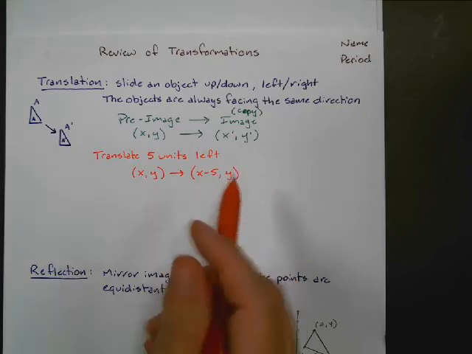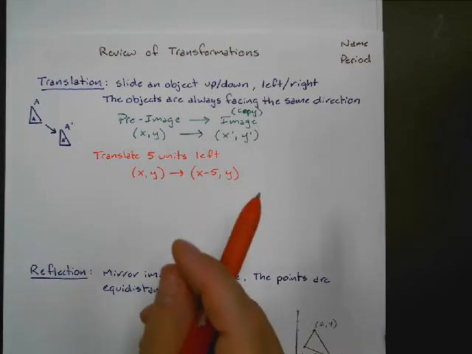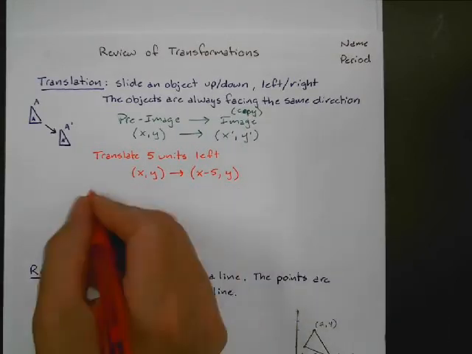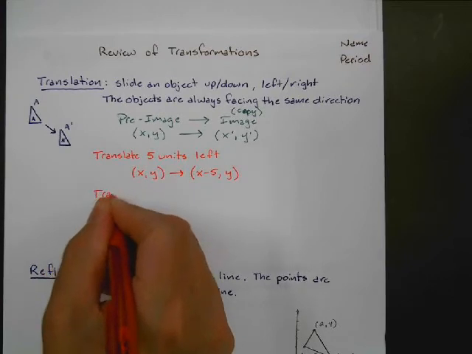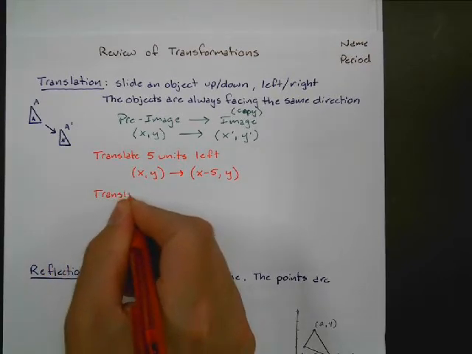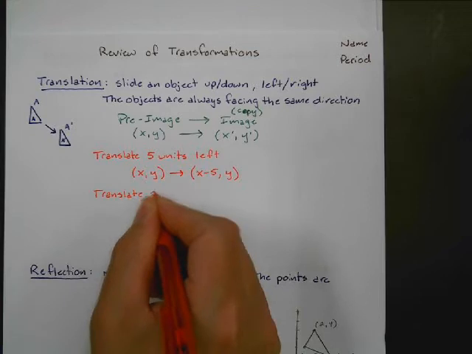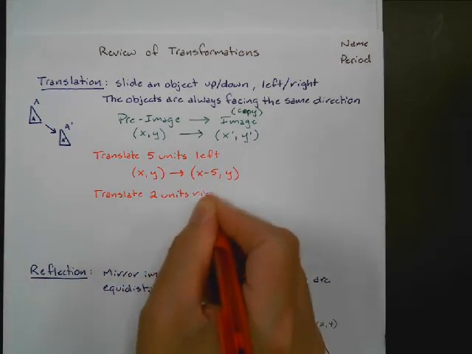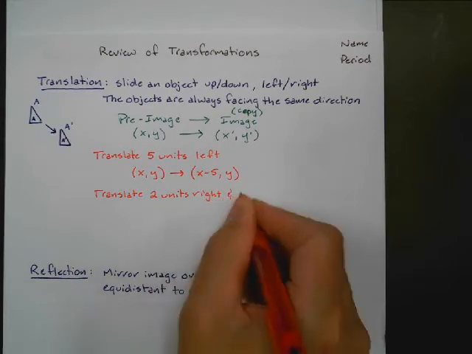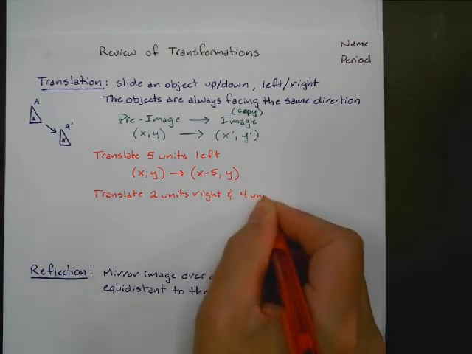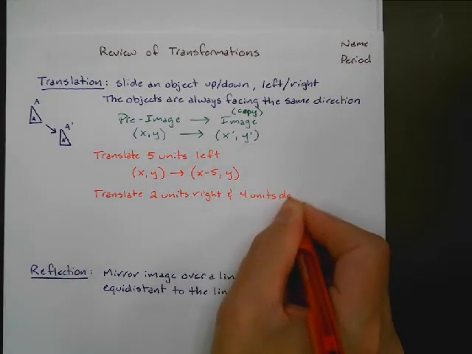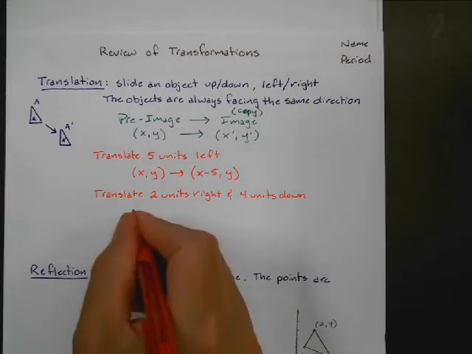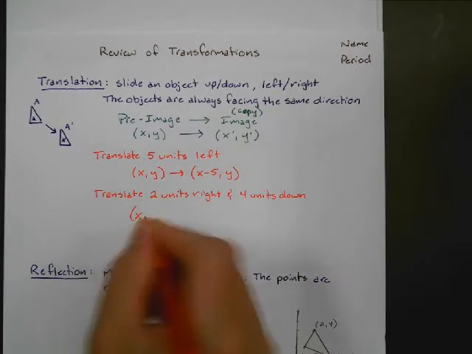If we wanted to translate 2 units right and 4 units down, then the coordinate notation for that would be x comma y.